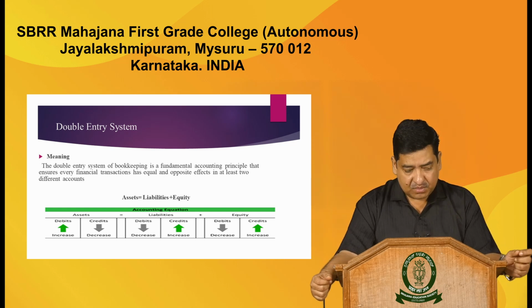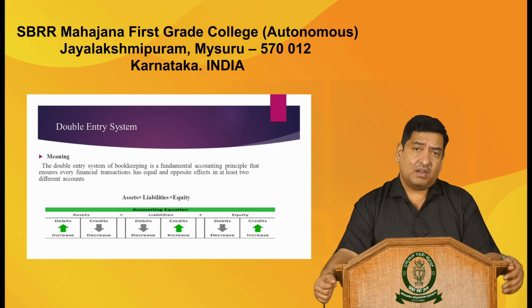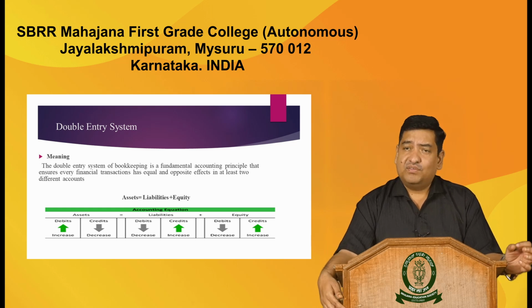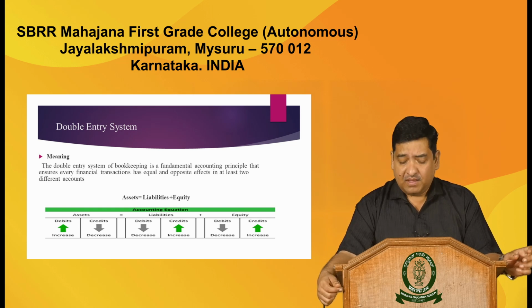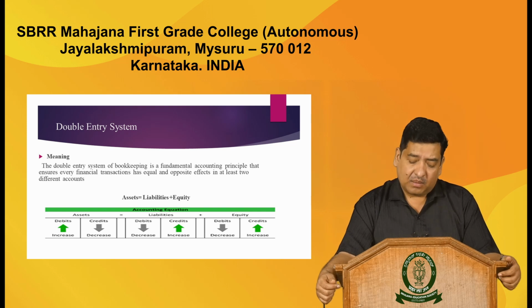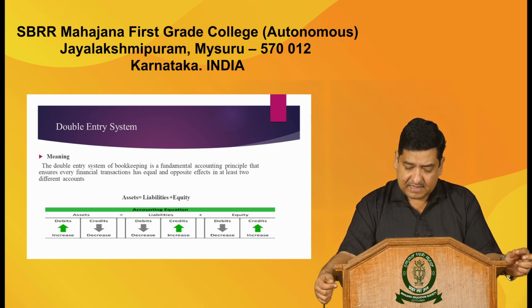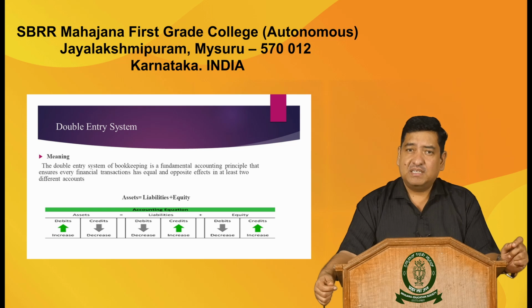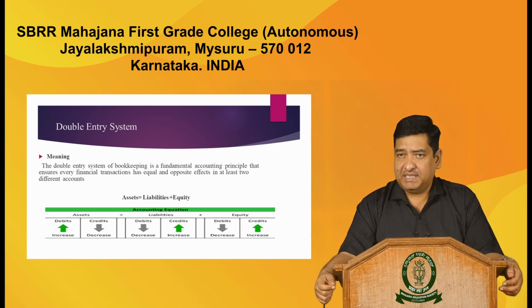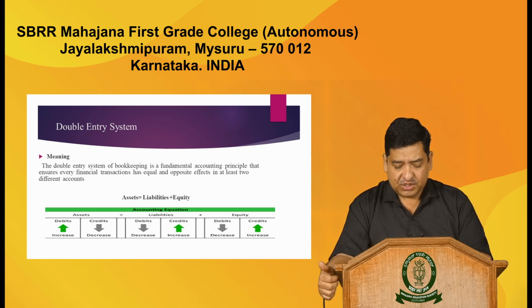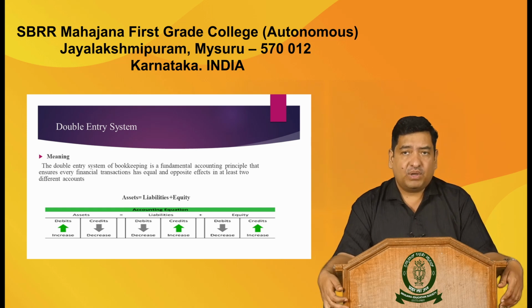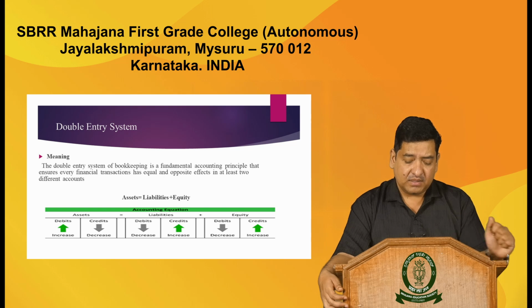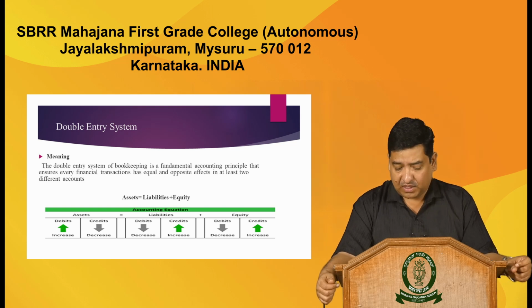So the double entry system of accounting is a fundamental accounting principle where for every transaction there should be a debit and there should be a credit. That's why under the double entry system of accounting, it says that assets plus liabilities is equal to equity. So I am going to show you how the transactions are going to affect when you are going to deal with the double entry system of accounting.